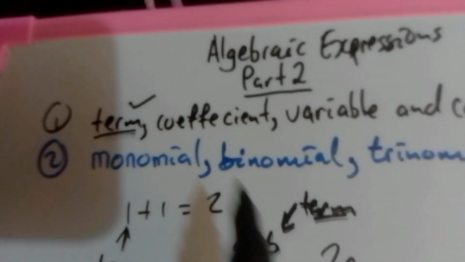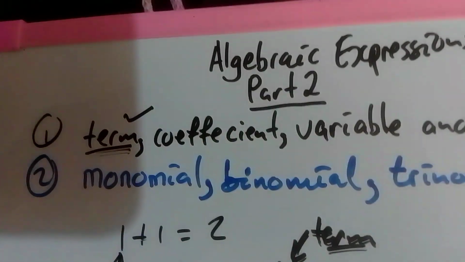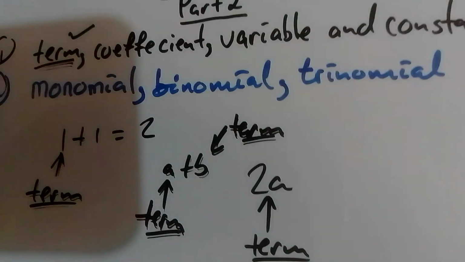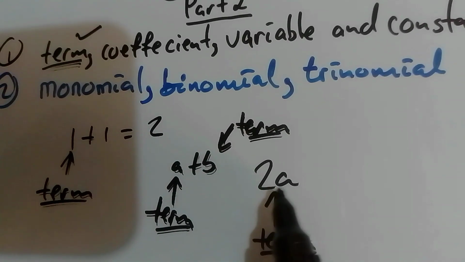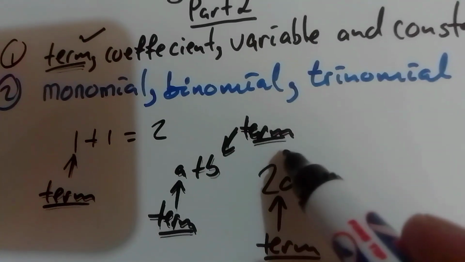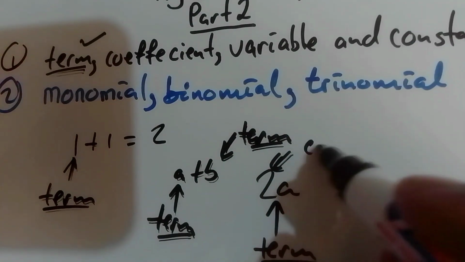Now we go to a coefficient. On a coefficient, I've got this number 2a, which I wrote here. Now this number which is in front of a letter, that is what is called a coefficient.